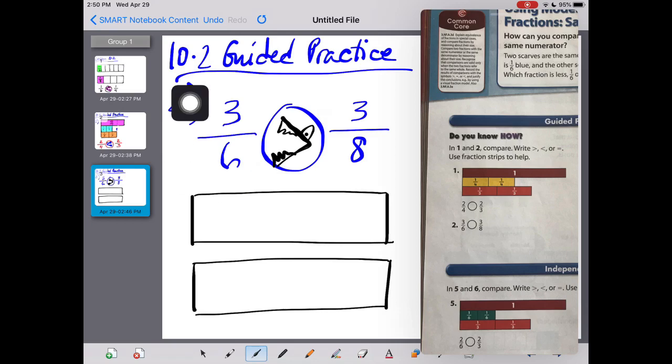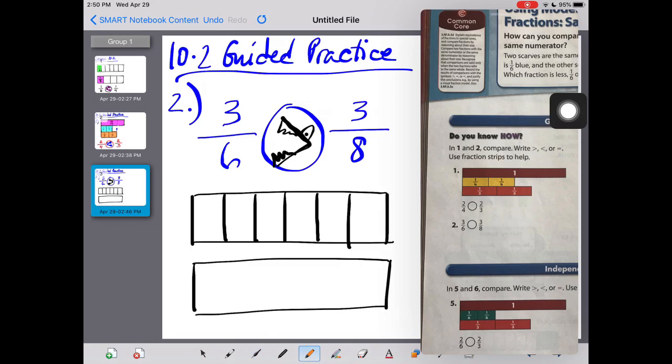The first one we're going to represent as 3/6. So we need to divide this first one into 6ths. So I'm going to divide this in half. That gives me 2. And then on the left side, I'm going to make 3 equal size pieces. And then on the right side, I'll make 3 equal size pieces. So that gives me 1, 2, 3, 4, 5, 6.